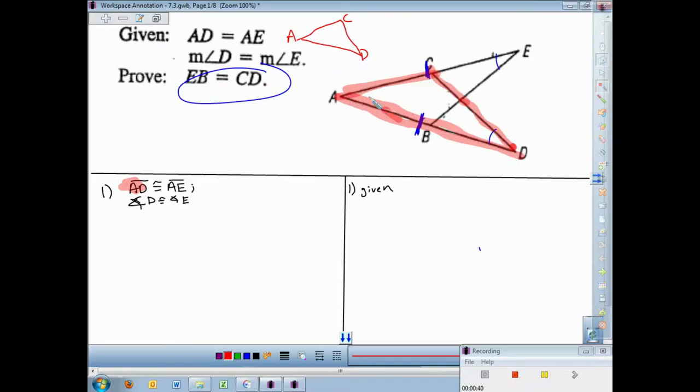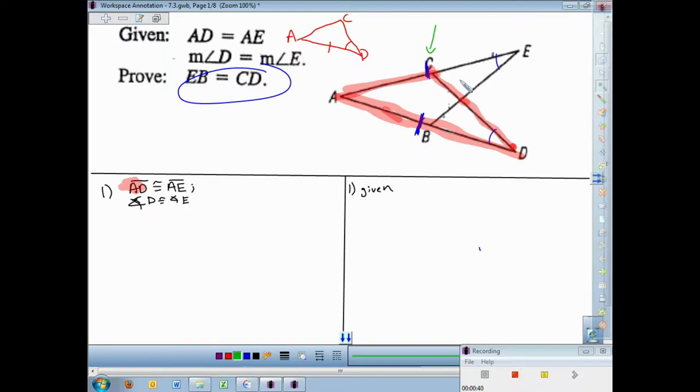Segment AD had a single tick mark on it, so that's good. Angle D had a single arc mark in it, so that's good. The question is, this tick mark right here, what does it belong to? This tick mark does not belong to segment AC at all. It belongs to segment AE, right? Isn't that in the complete middle? So there is no tick mark in this red triangle right here.